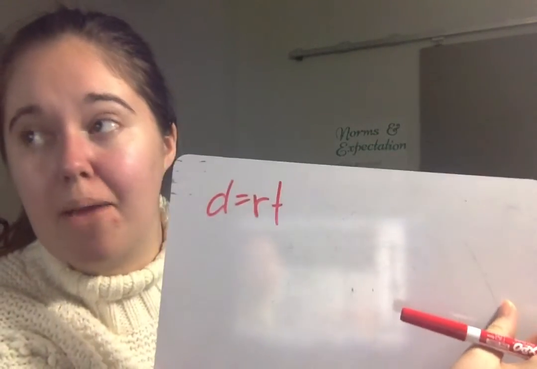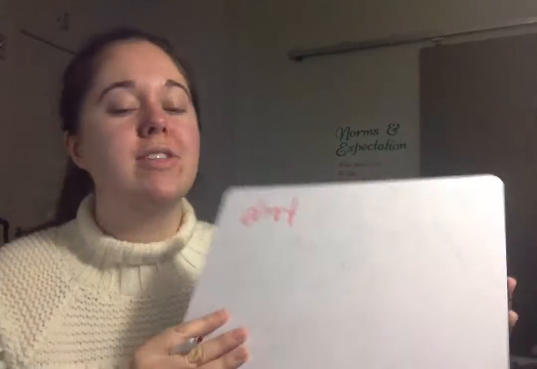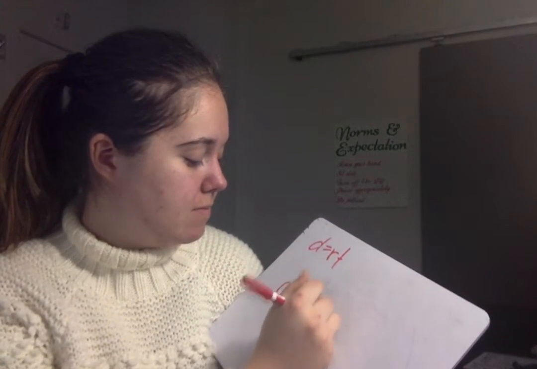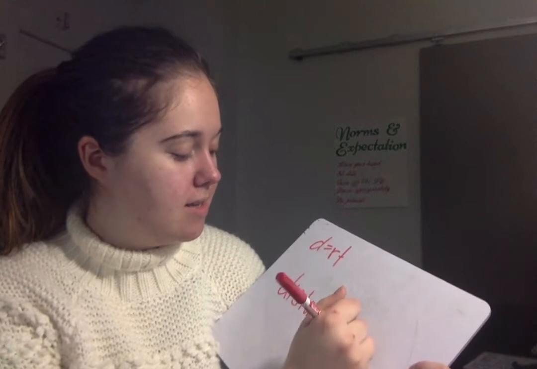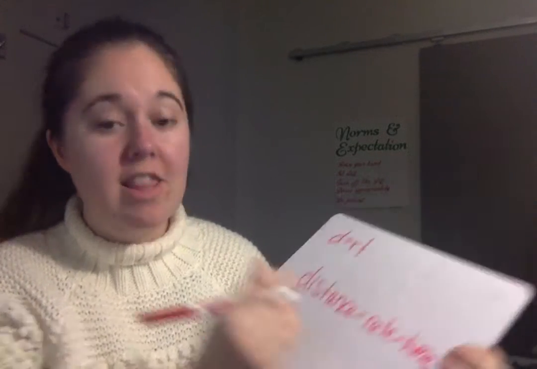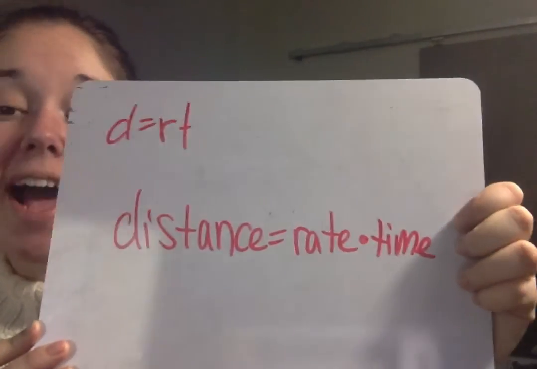Distance is rate times time. We know that. That's a formula that we can use every time we do this. Any kind of thing like this is distance equals rate times time.